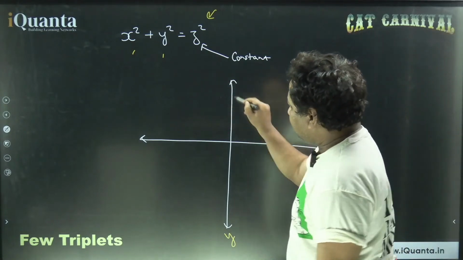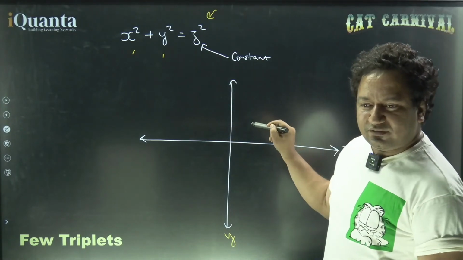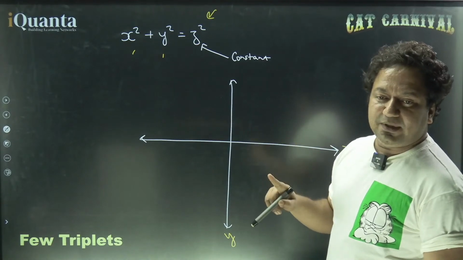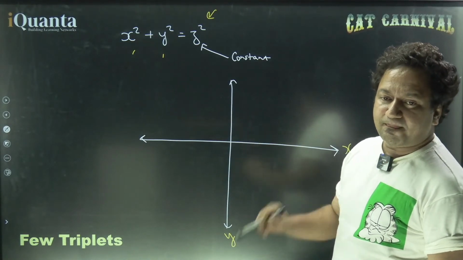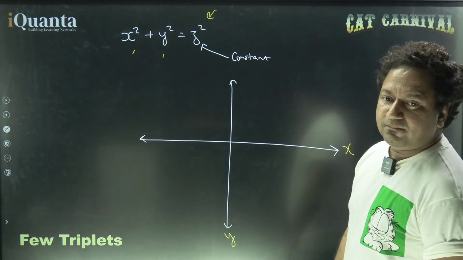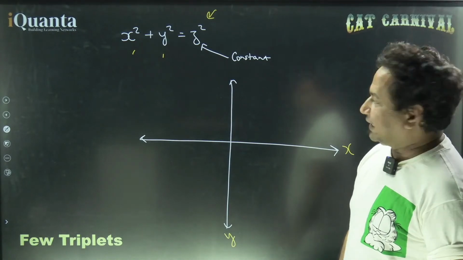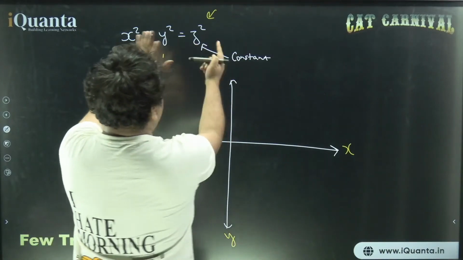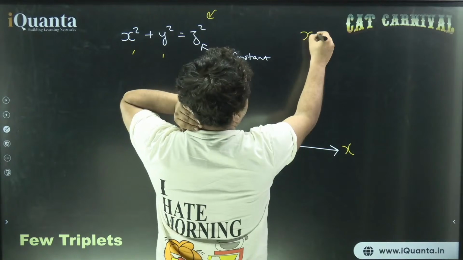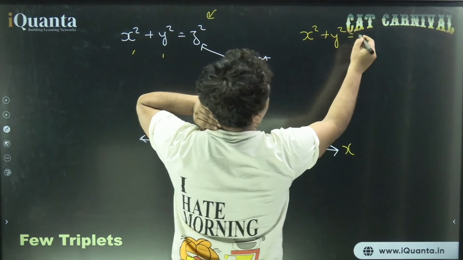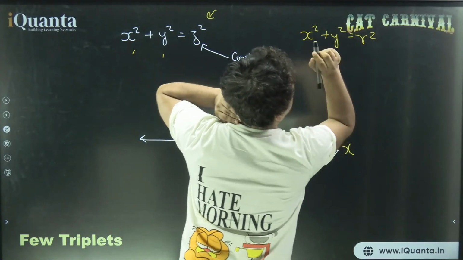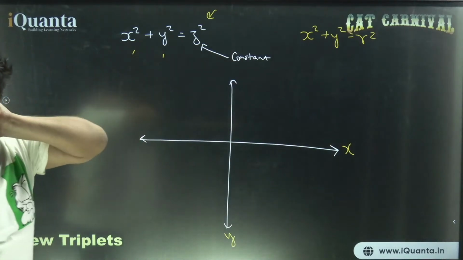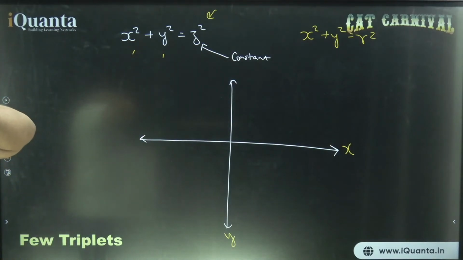So if I want to plot a graph, then what's going to happen? देखते हैं क्या होगा। So let this constant be equal to r. So I'm writing x square plus y square, मैंने constant मान लिया r square. Okay. All right, now it is visible, no, Mohit?